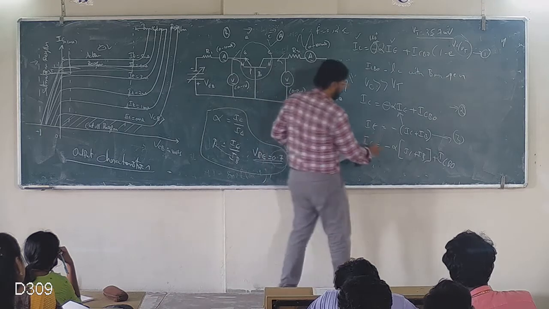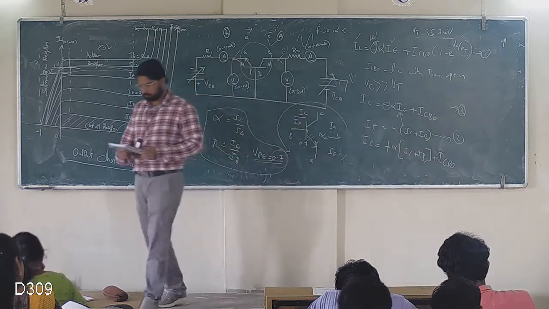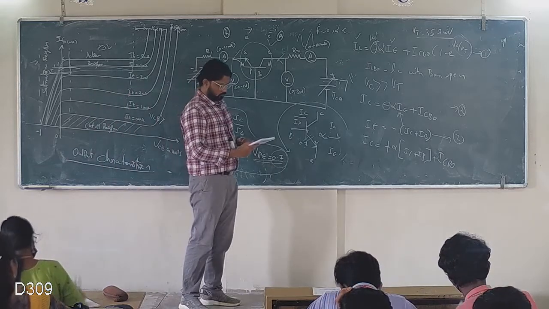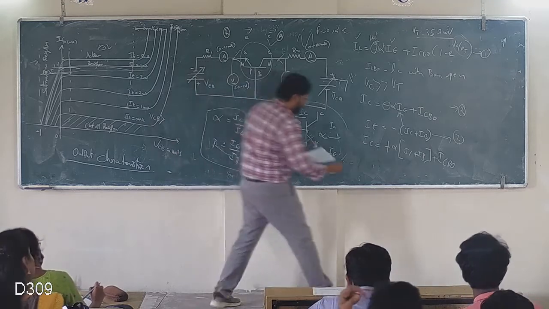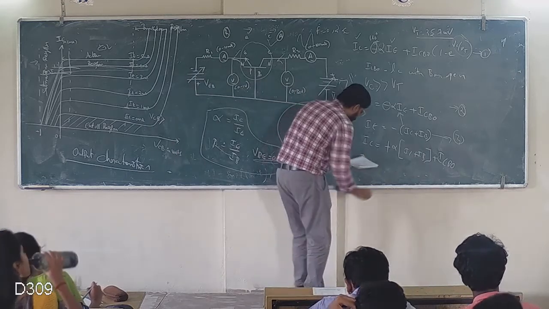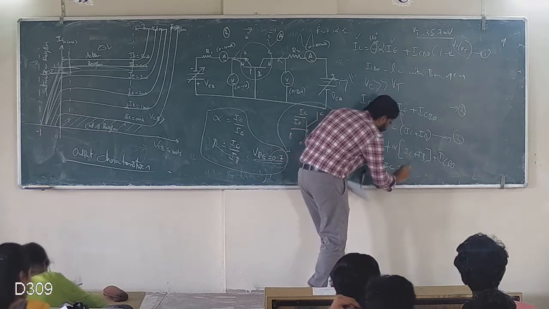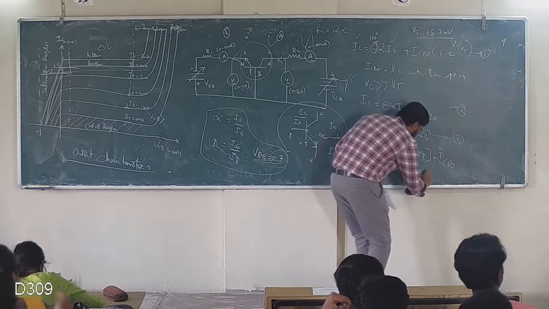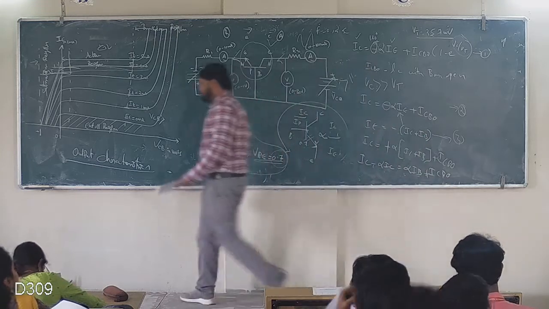Minus into minus is plus. Next, IC: minus alpha IC is equal to alpha IB plus ICBO.